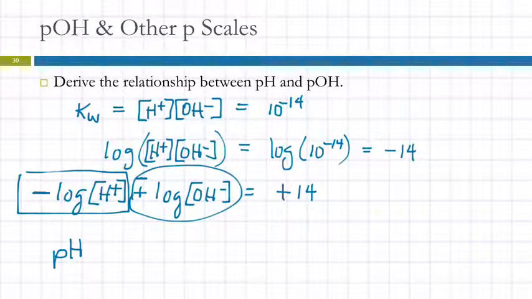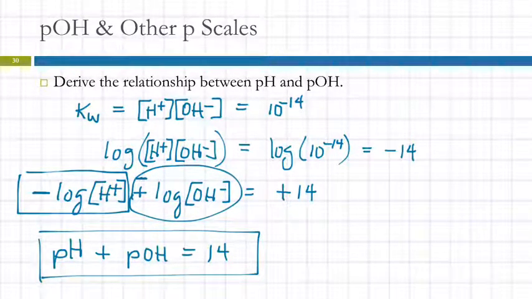Negative log of the hydroxide ion concentration. pOH. And what does 14 equal? 14. There you go. pH plus pOH equals 14. That's a useful little equation. Any questions?